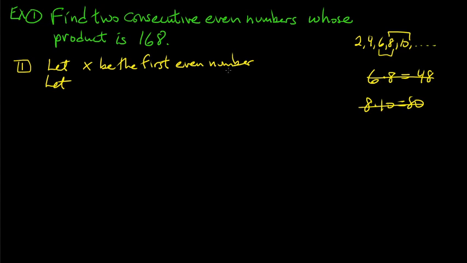How do you go to the next even number? What comes after 10? Well, 12. How do I get 12? You just add 2. What comes after 4? 6. If you add 2, you get 6. So the next consecutive even number is x plus 2. That's the second even number.